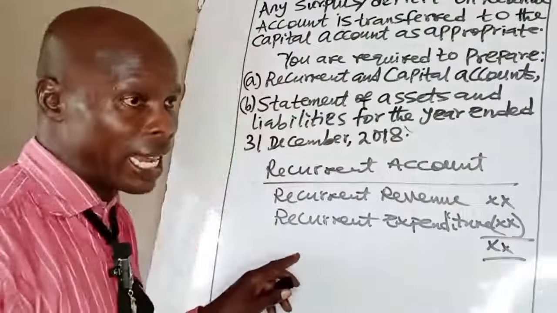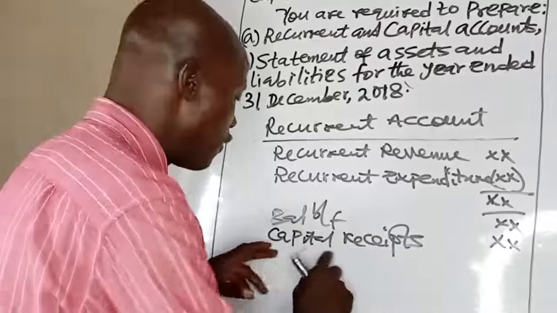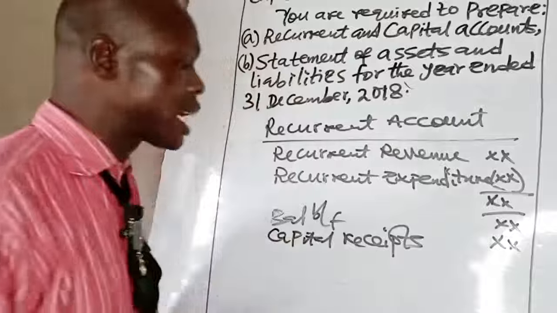Then capital account also contains two elements. We have the capital receipts and capital expenditure. Capital receipts are the receipts by the public sector entity from the tangible non-current assets, or the income realized from the disposal of the asset of the public sector entity.